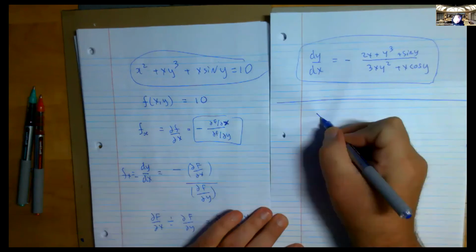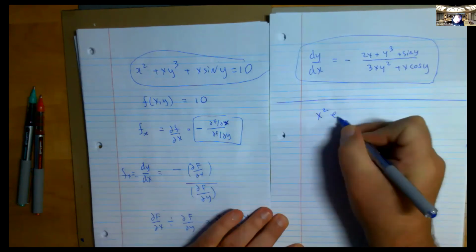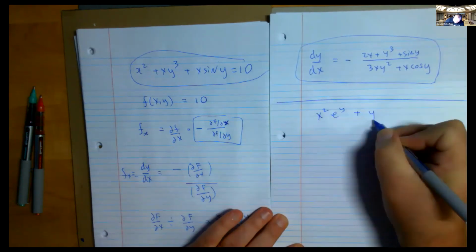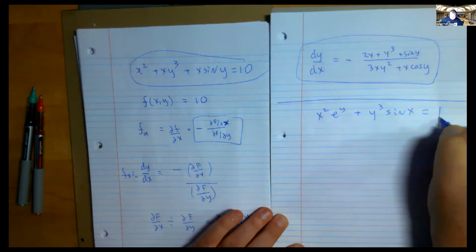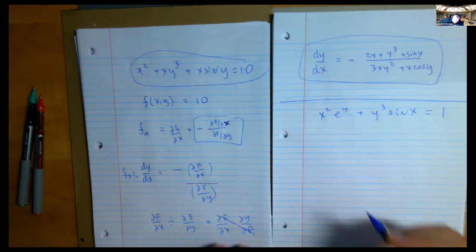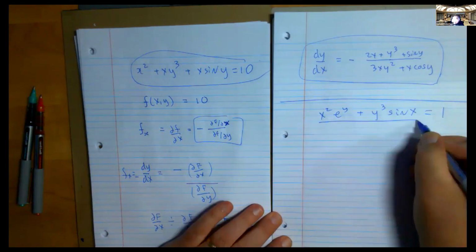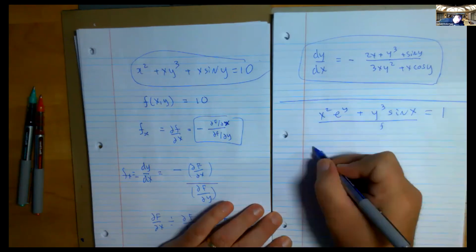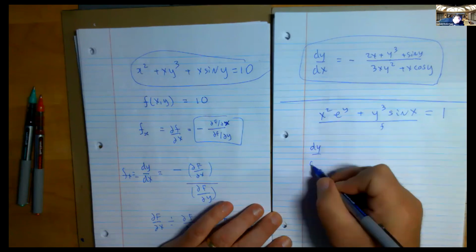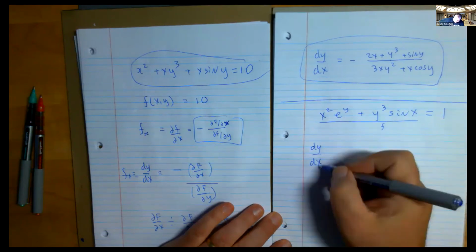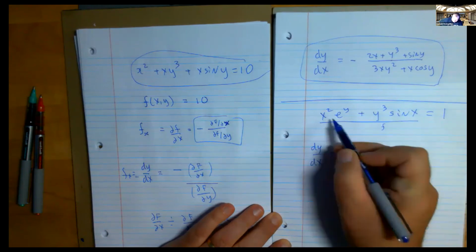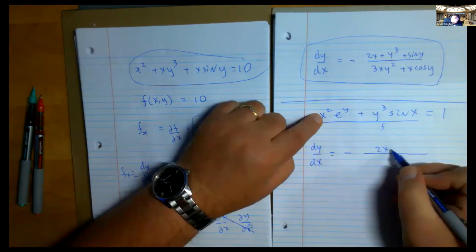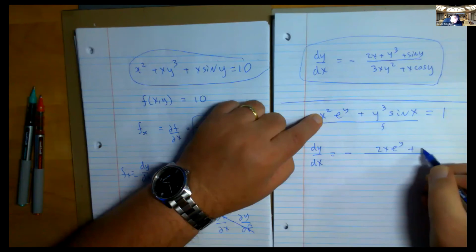Suppose I have the implicit function x squared e to the y plus y cubed sine x equals 1. Think of this as being your function. Then the implicit differentiation, dy by dx, of this fella is negative. Do the x's on the top. Oops.